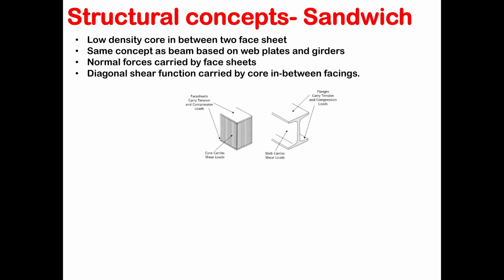As you can see here, we have the face sheets on top and the bottom, and we also have the core in between. This looks like a sandwich. That's why they call it a sandwich structure.